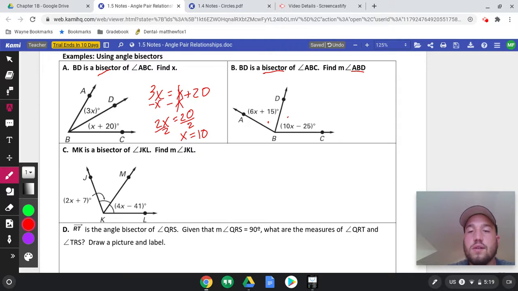So we set those equal to each other. 6x plus 15 will equal 10x minus 25. So we subtract 6x from both sides. Then we add the 25.